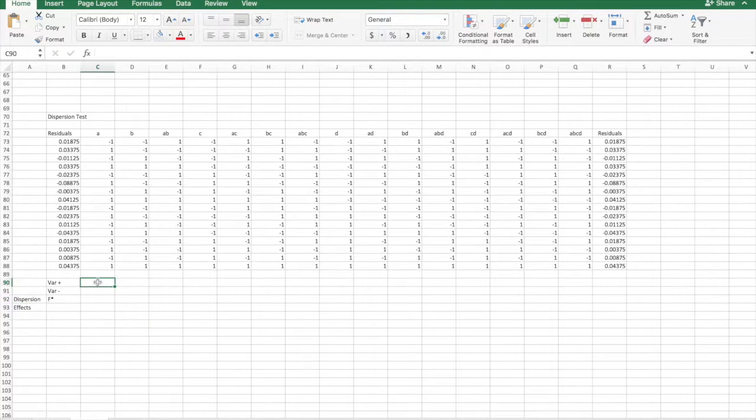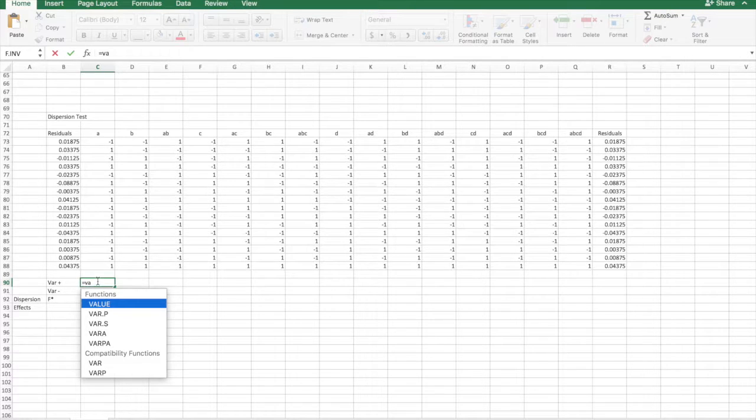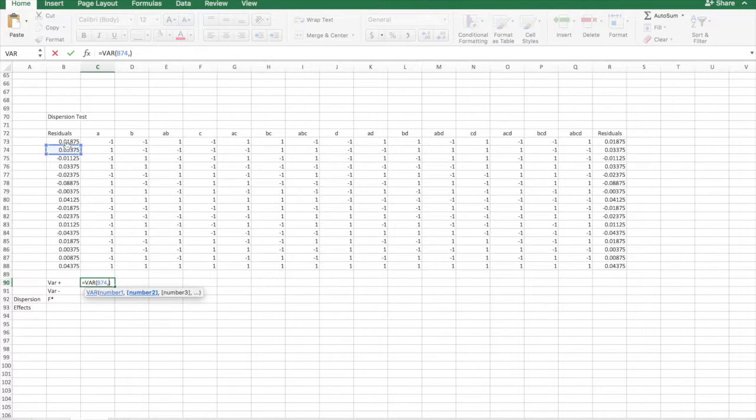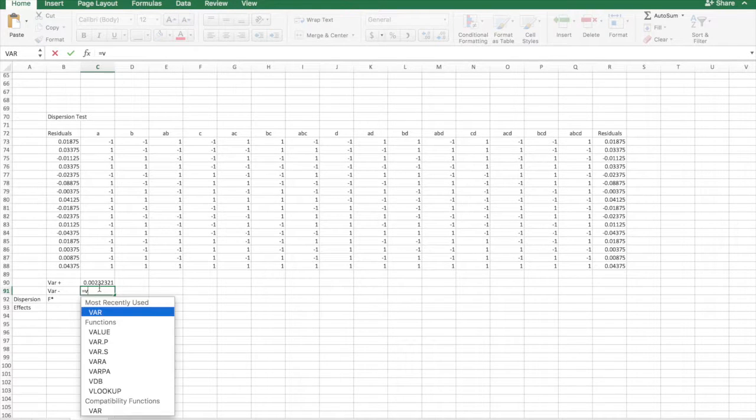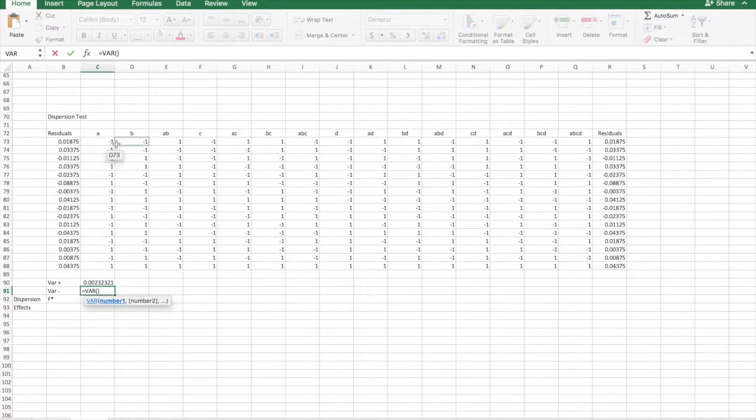So we're gonna equal the variance when A is high, so it's going to be on the residuals. So it's going to be select 1, skip 1, select 1, skip 1. Then we're gonna do it when the factor is low. So skip 1, select 1, skip 1, select 1. The F is going to be natural logarithm of this divided by this.